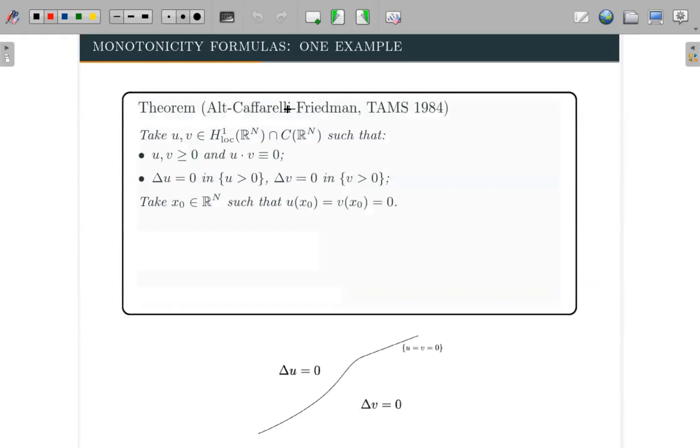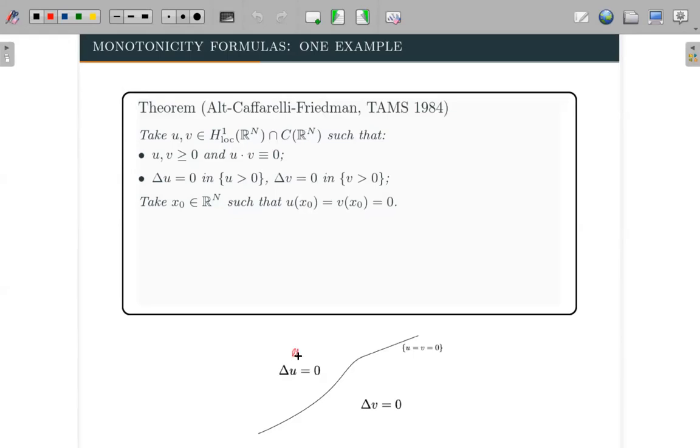Let me just give you an example, which is one of the famous ones, the Alt-Caffarelli-Friedman formula. It's very easy to state. Suppose that you have two harmonic functions, not everywhere, but here. So just split the plane in two regions. And now you take one harmonic function in one region, another harmonic function in the other region. They are continuous everywhere.